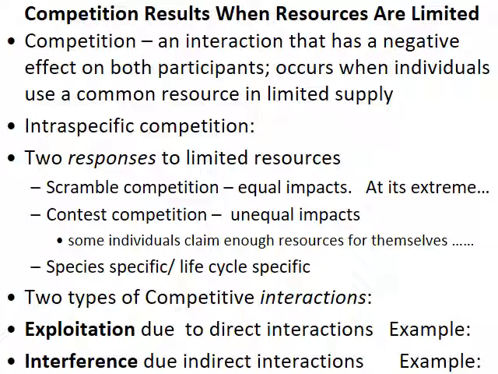The one analogy that I learned as a grad student here: say you and someone else have two straws in one milkshake. Exploitation interactions would be that you're both drinking the milkshake as quickly as you can, but you're not interfering with one another. You're both just using that same shared resource. You're both exploiting the same shared resource.